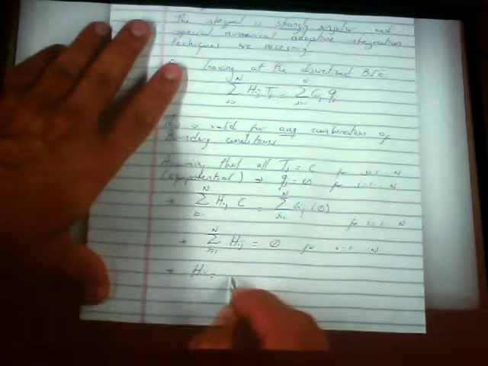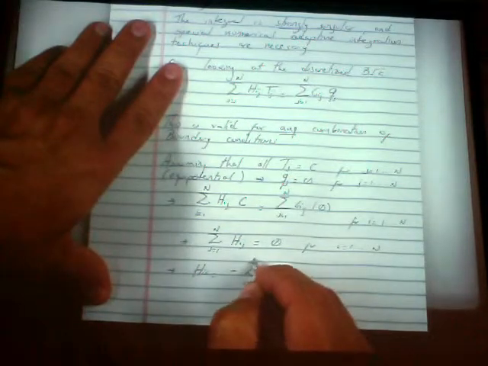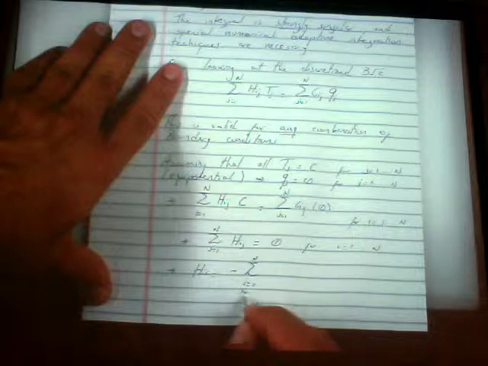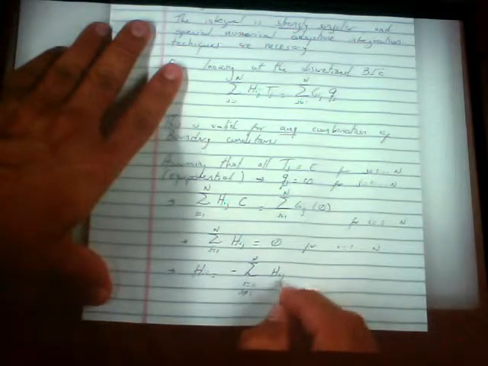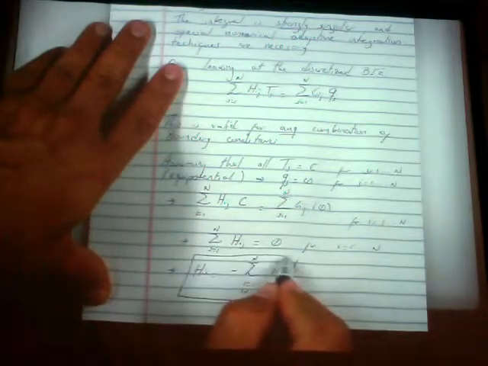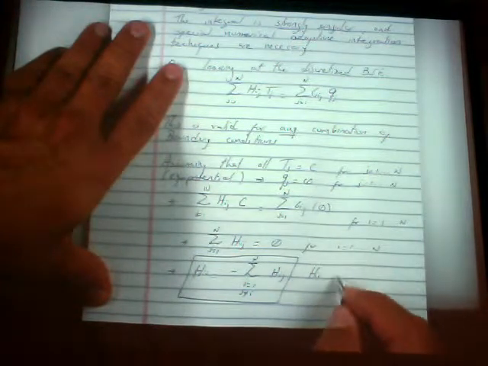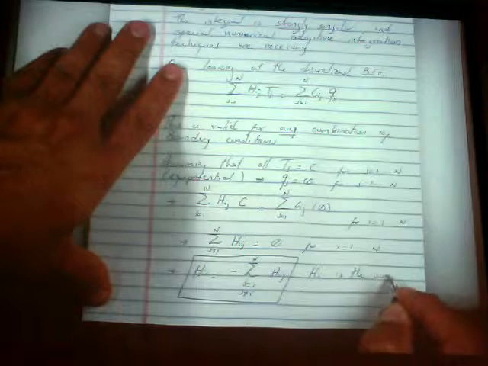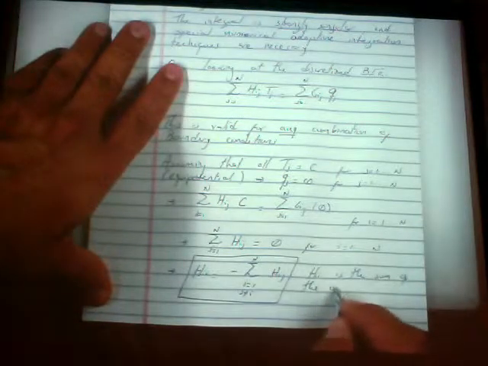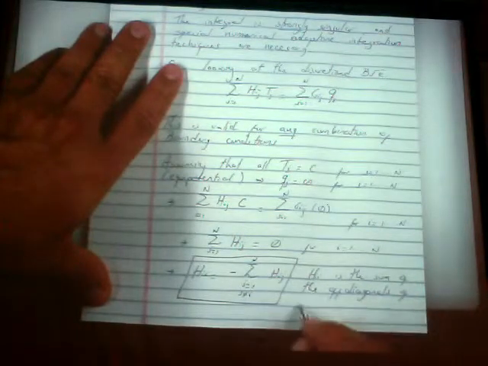And therefore, the element hii is equal to the negative of the sum from j equal 1 to n for j different than i of hij. So I'm basically adding up all the off diagonals. Hii is the sum of the off diagonals of its row.